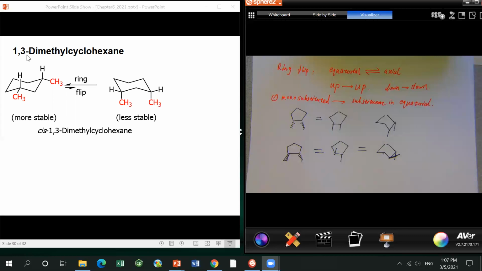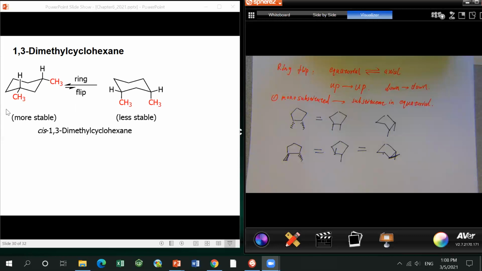So we do the cis first. In cis, both substituents are on the same side of the ring, and then we do the ring flip. The cis-1,3-dimethylcyclohexane can have two conformations. In one conformation, the two methyl groups are both in equatorial positions.